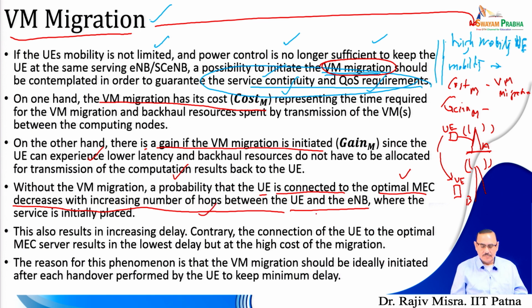So, this particular aspect, that is optimal MEC, is violated or it decreases with the increasing number of hops between UE and ENB where the service is. This results in increased delay. Why? Because if it is moved to this position and is still being served, for example, from A, the number of hops will be more and the delay will be more, compared to if it is being served over here.